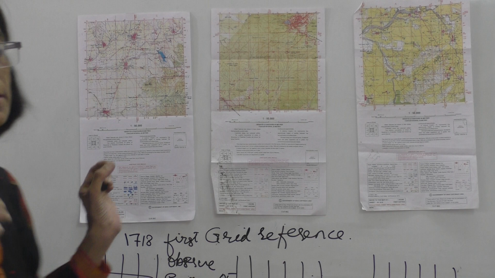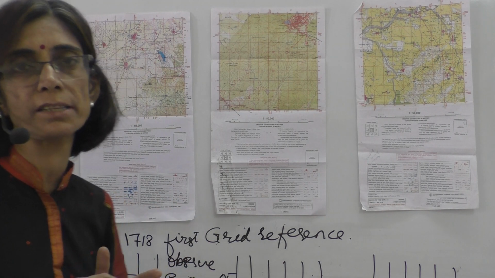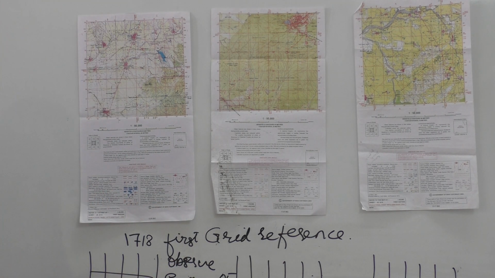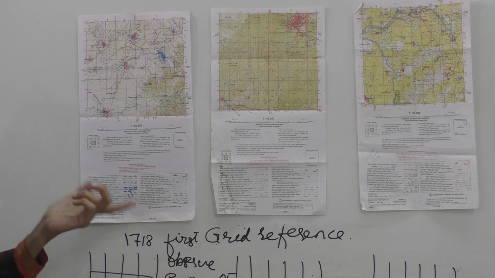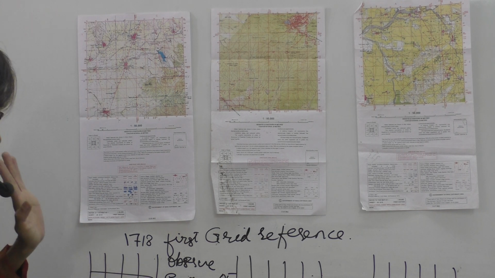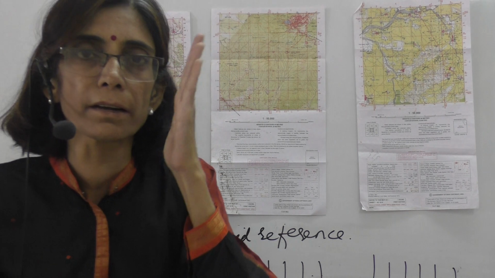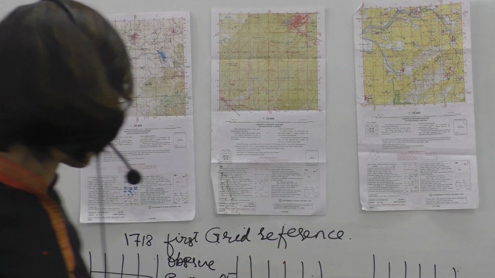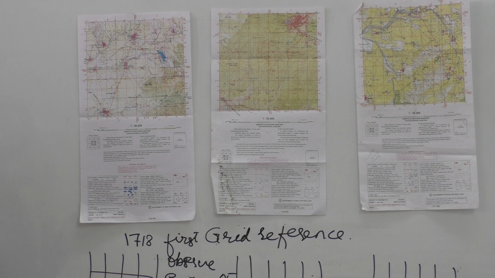So first identify the object, then look at the easting, and then look at the northing. The object should be to the right of the easting. Below the object should be the value of the northing. That is how you are going to do it. We'll look at some more of them.